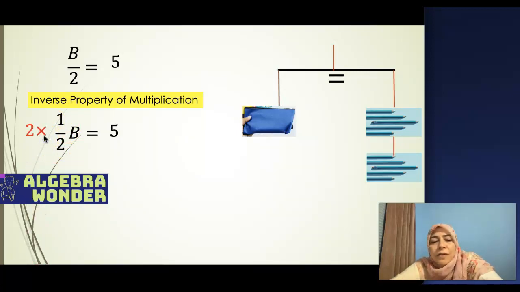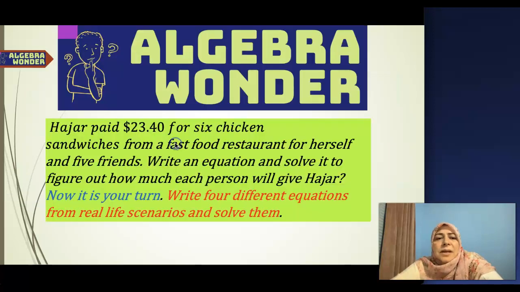It's 2, which is 2 over 1, 2 wholes. So I'm going to multiply 1/2 times 2. It will give me 1, which is exactly what I want. I want 1 bag. If you multiply here by 2, you have to multiply the other side by 2 to keep the balance. We did this already in our brain, but you just need to understand it. So in the bag, we have 10 pencils.